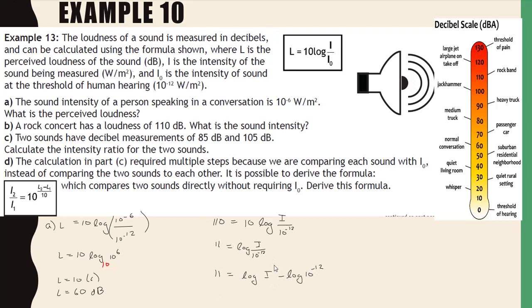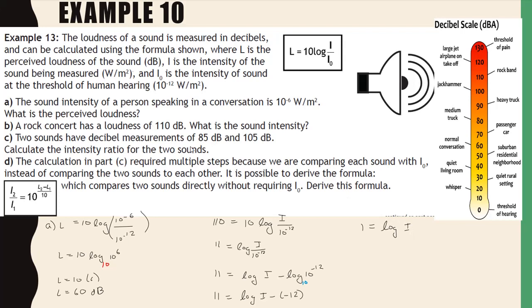It's really important again that this log is base 10. Again, the bases match, so this logarithm is equal to negative 12, but it's actually going to become positive 12 here because we've got a minus in front of it. So log I minus negative 12. So I'm going to subtract 12 from both sides. So I get 1 is equal to log I.